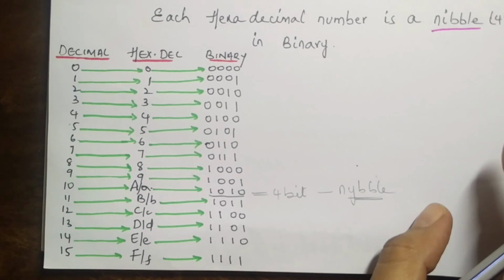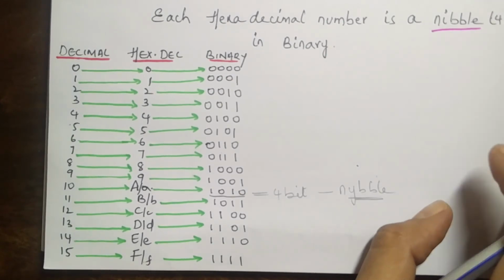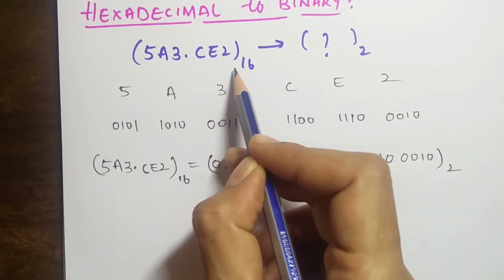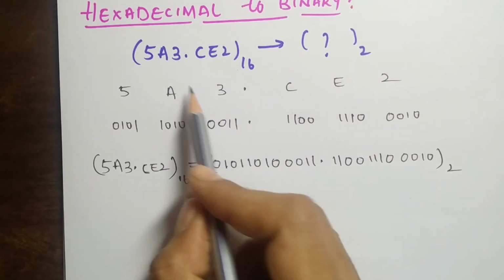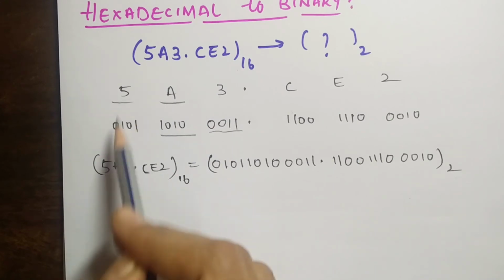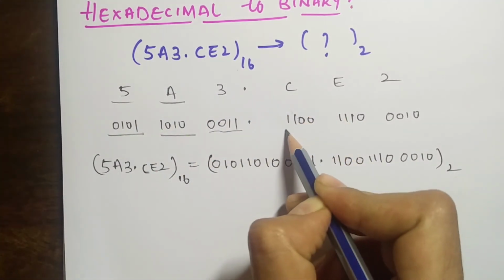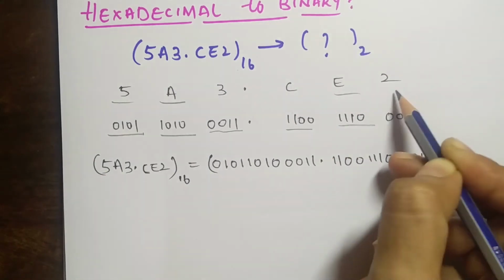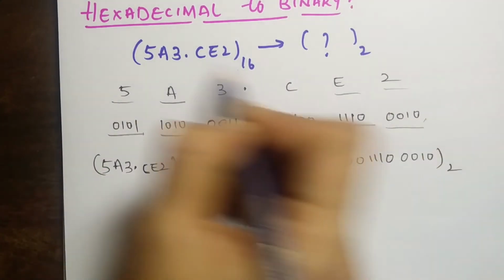It will be easy for you to directly convert a hexadecimal number into binary without any wastage of time, so you can do it faster. Take the hexadecimal value A3.CE2 and write down the binary equivalents: A is 1010, 3 is 0011, C is 1100, E is 1110, 2 is 0010. This is the binary form of this hexadecimal value.